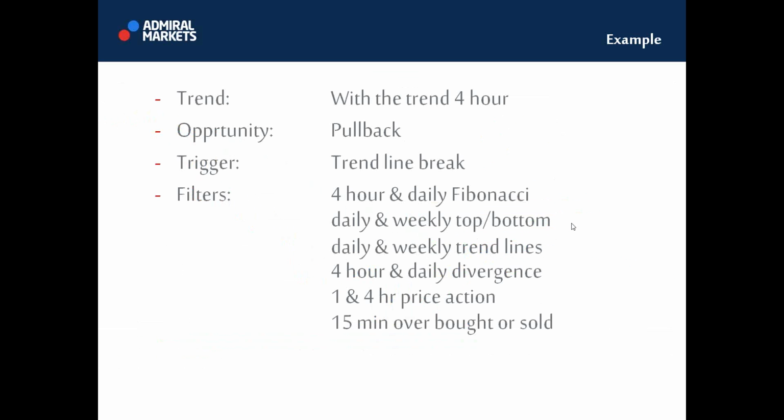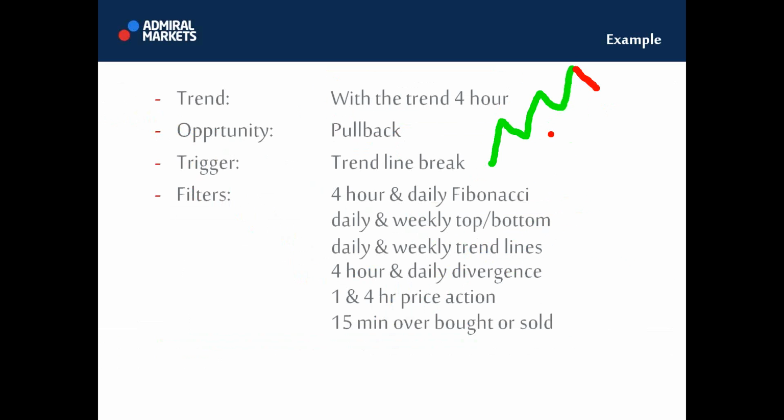So here's an example of one trading strategy. For example, if we're trading with the trend on the 4-hour chart, the opportunity is a pullback, and we can put a trend line on the pullback. So for example, this is the trend. We're looking for a pullback. We can put a trend line on top of the pullback.